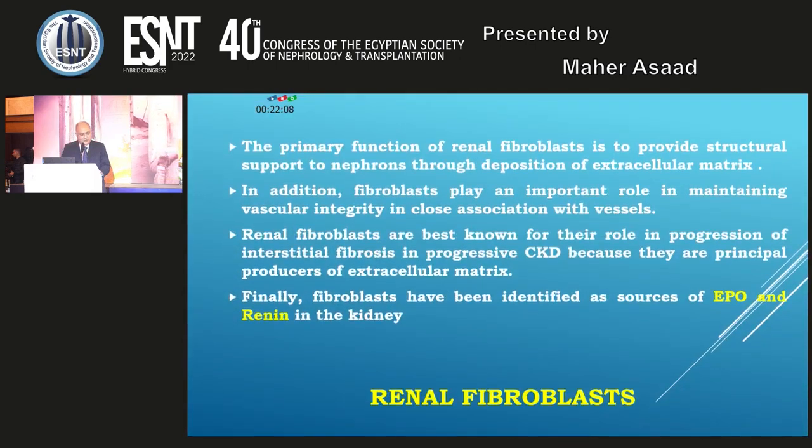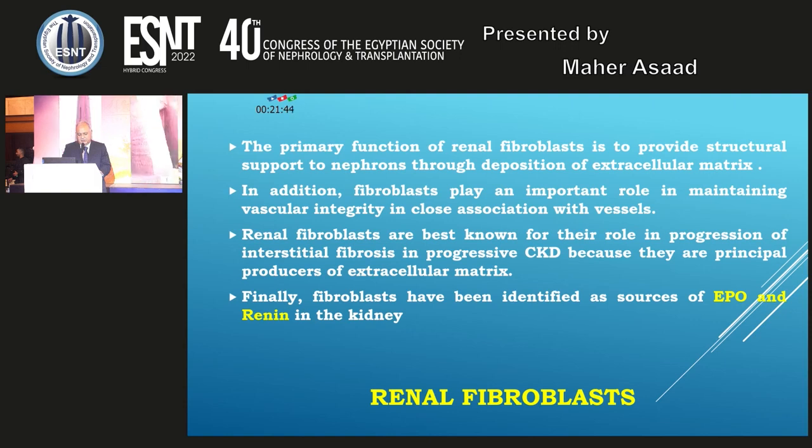The renal fibroblasts. The primary function of renal fibroblasts is to provide structural support to nephrons through deposition of extracellular matrix. In addition, fibroblasts play an important role in maintaining vascular integrity in close association with vessels.